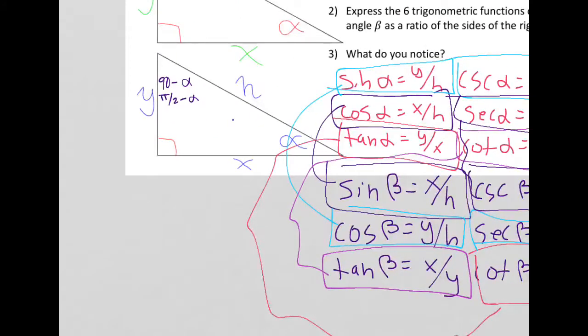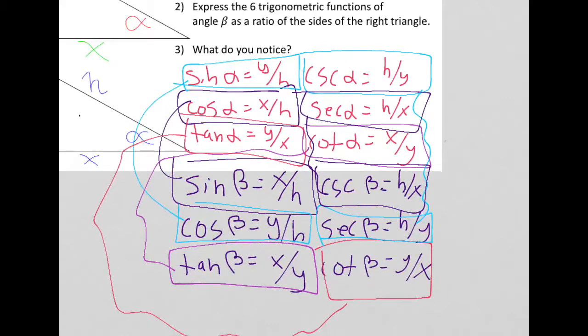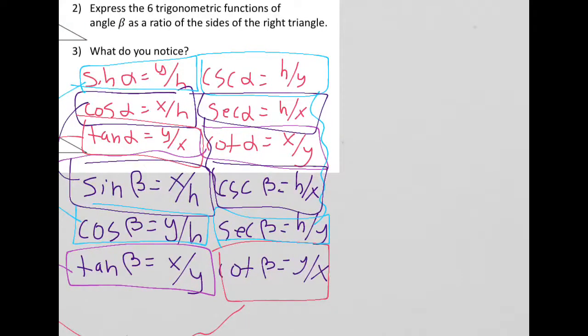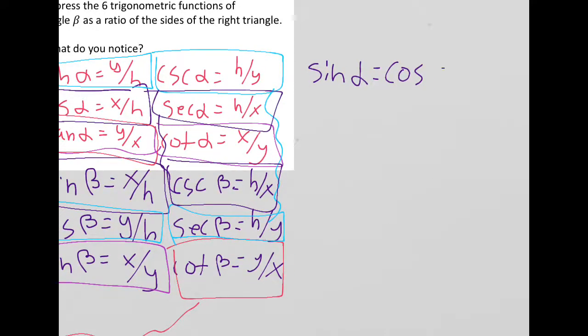Well, the significance is we could rewrite all of these relationships. We could say that sine of alpha equals cosine of pi over 2, which is 90, minus alpha, which was our beta angle.